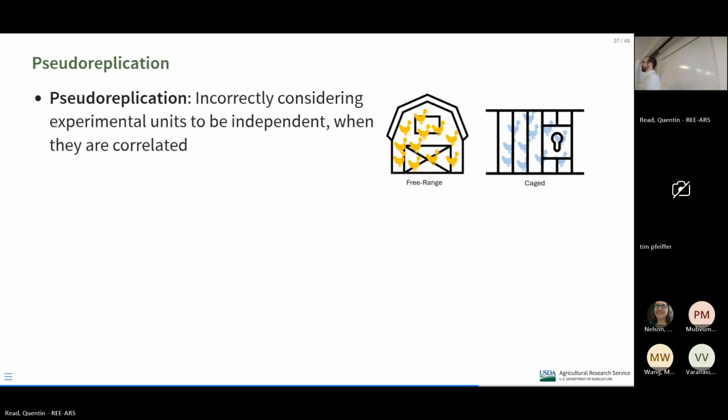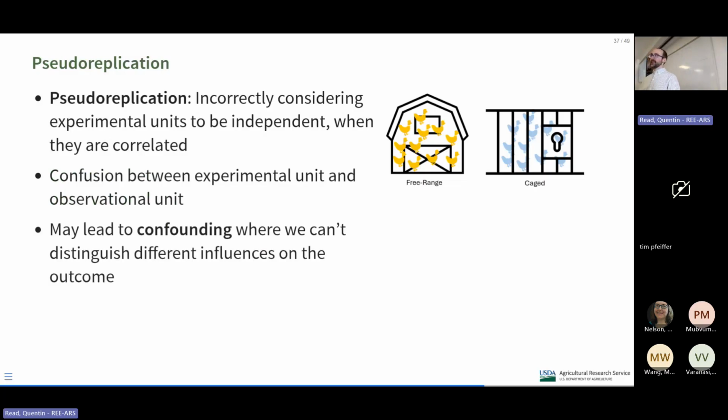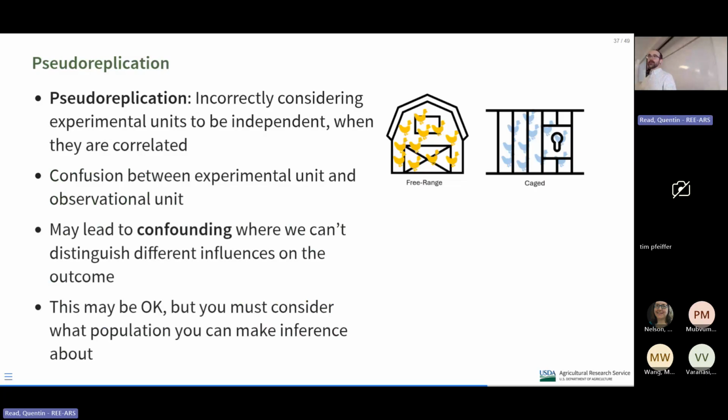So they may share other confounding influences that we think is due to treatment, but it's not necessarily. So there is a resulting confusion between what is an experimental unit. It's actually the barn. The hens are only the observational unit here. And it can, as I said, lead to confounding.